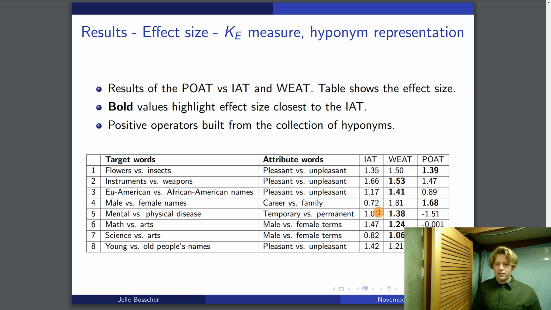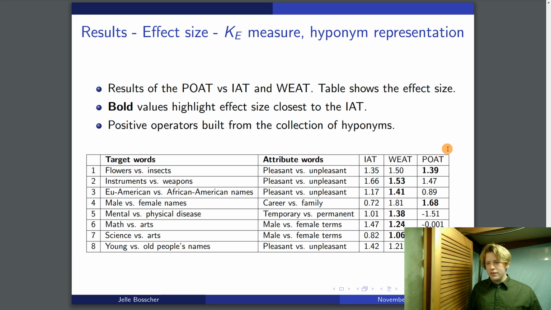Now this table shows the results for the POAT, so the positive operator association test, compared to the IIT values and the WEAT values in effect sizes. The bold values in the table highlight the values that are closest to the IIT, and in this case we built the positive operators, as I said above, using the collection of hyponyms.